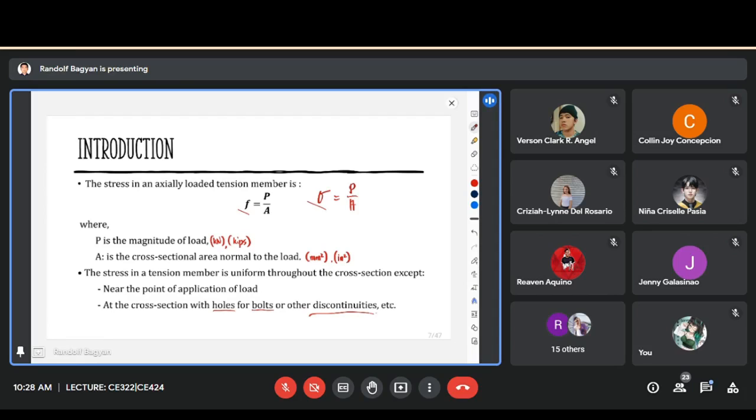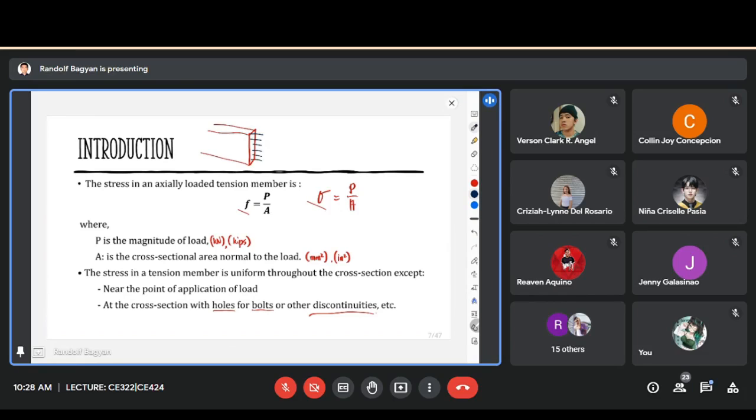Ano bang ibig sabihin ng uniform, sir? For example, sa plate na lang. Okay, so if this is a plate, guys, the stress distribution ay uniform all throughout.